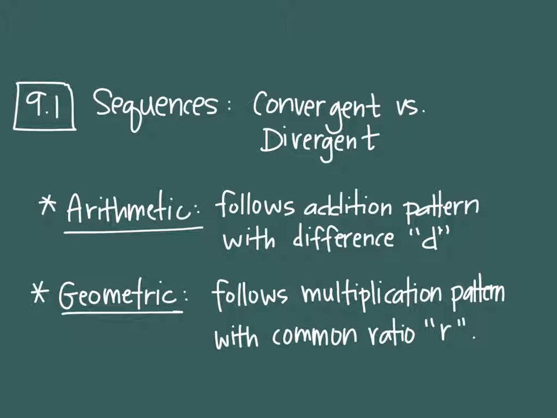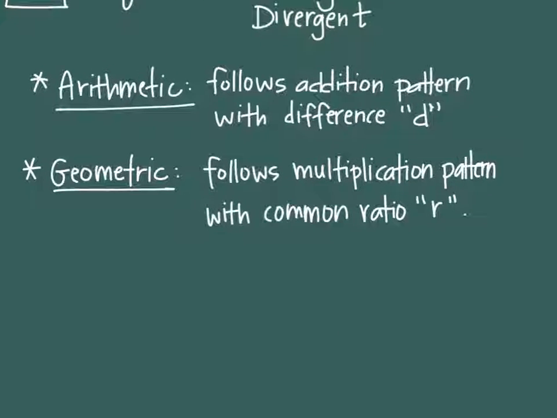Division is always multiplied by the reciprocal anyway, so it's always a pattern of multiplication. And it's a common ratio between terms, and that ratio we call the letter R. So those are two types of sequences you've already seen.